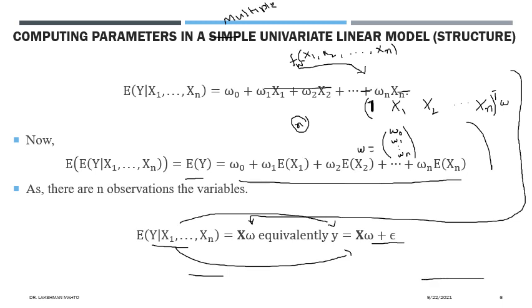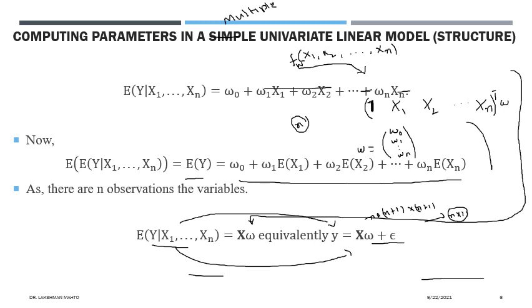Overall, it is the product of an n by n plus 1 matrix with an n plus 1 dimensional vector. If you do that multiplication, the resultant dimension of this product of matrix with the vector would be n by 1. That means it is complemented with sample size, a very good complementation with sample size.